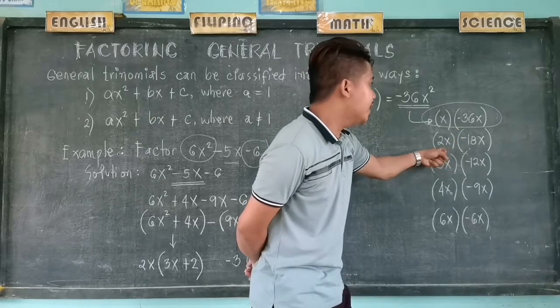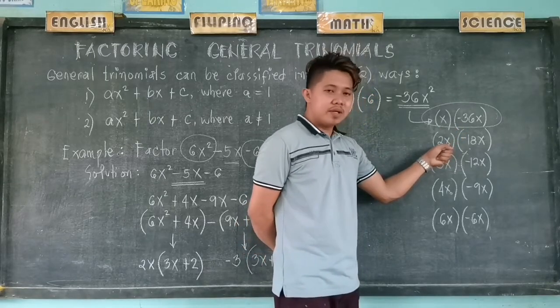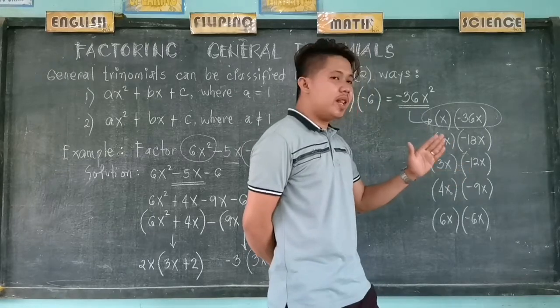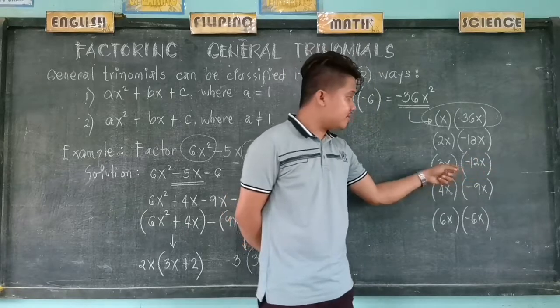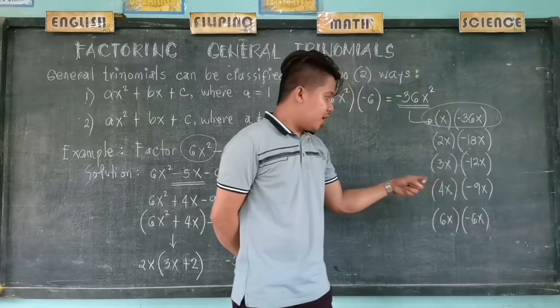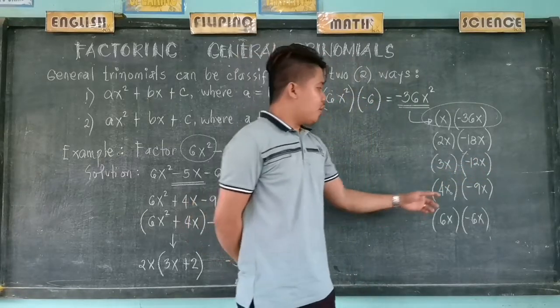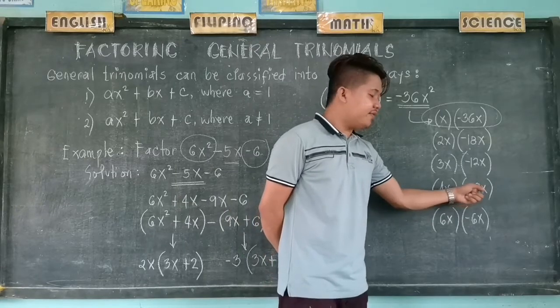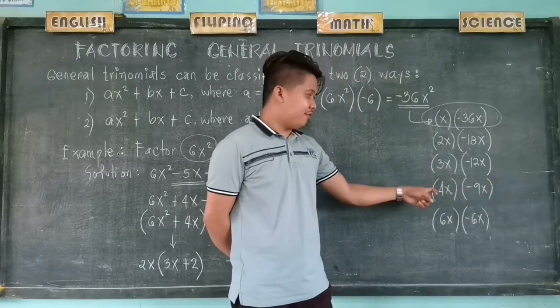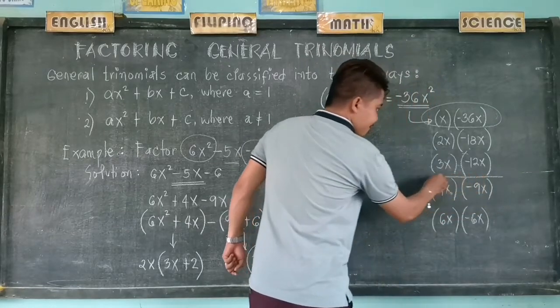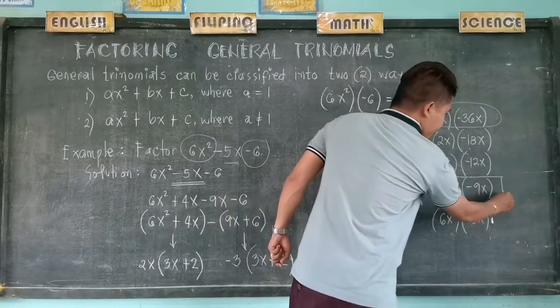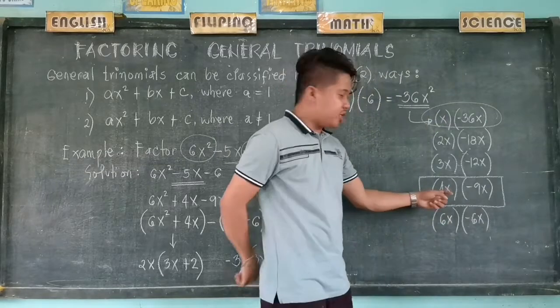This one, that is negative 16. If we add 3x and negative 12x, the result is negative 9. If we add 4x and negative 9x, the result is negative 5x. So therefore, this is the correct combination.